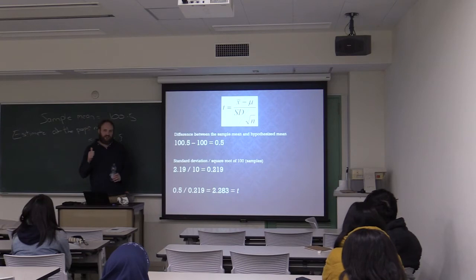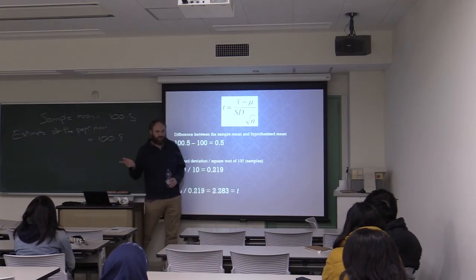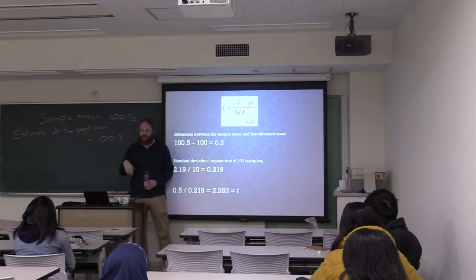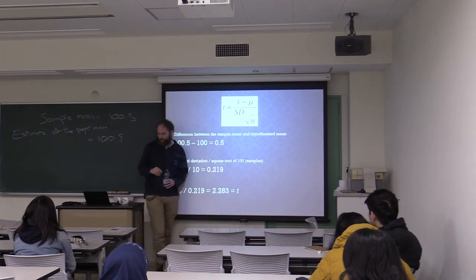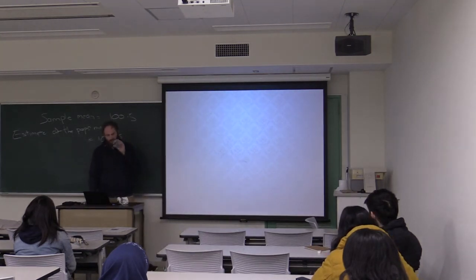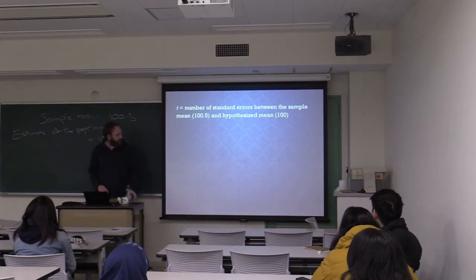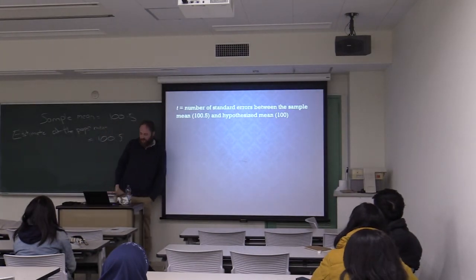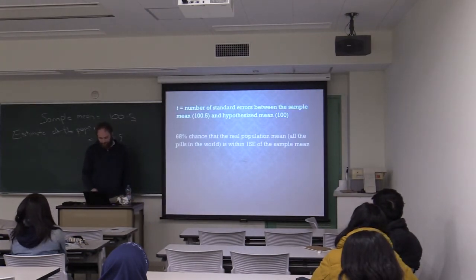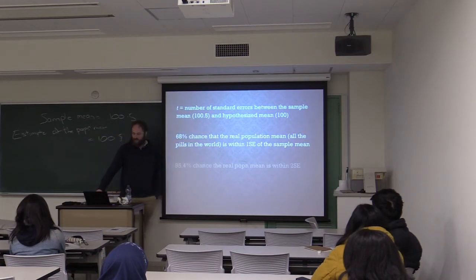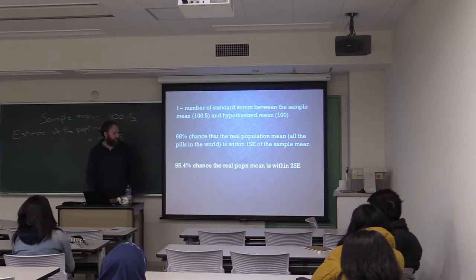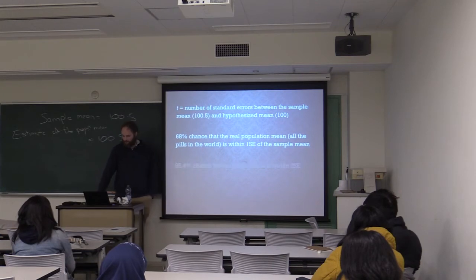We know that one standard error covers 68% of the data, two standard errors 95.4%, and three standard errors is over 99%. So T is the number of standard errors between the sample mean, 100.5, and the hypothesized mean. There's a 68% chance that the real population mean, all the pills in the world, is within one standard error, and a 95% chance that it is within two standard errors.